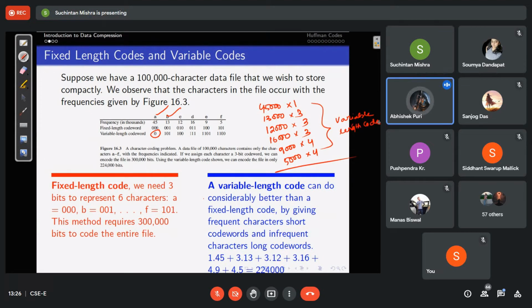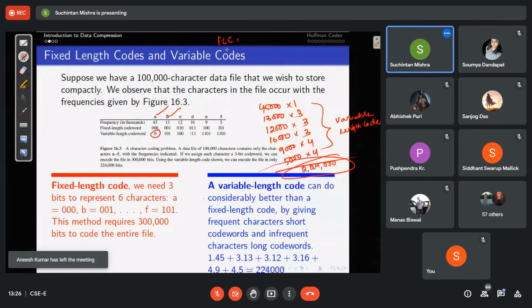Sir, 224,000. Yes, 224,000. How much is used in the fixed length code, and how much in the variable length code? Are we using a lesser number of bits using the variable length code? Yes, sir.